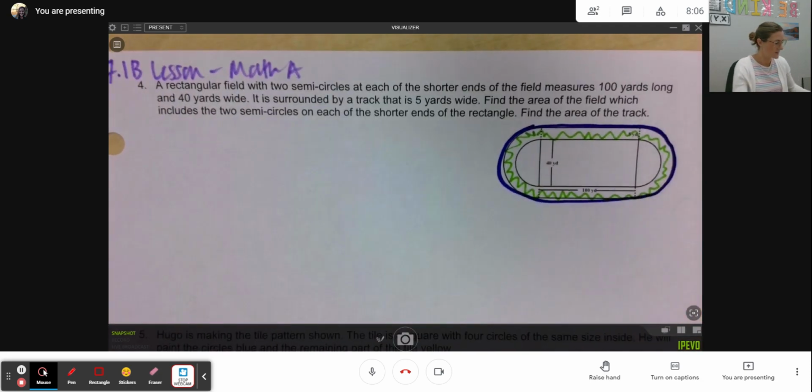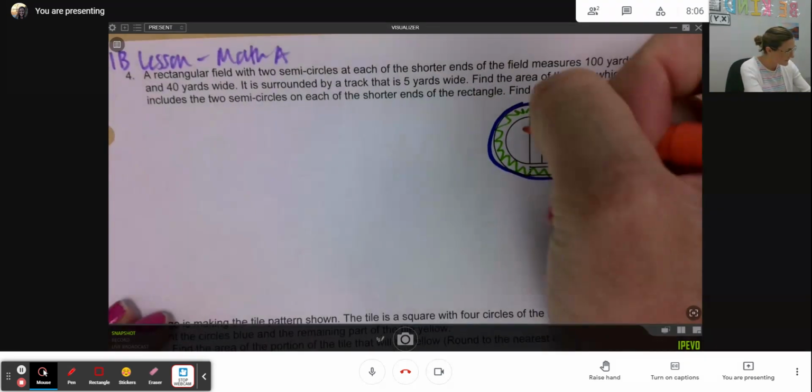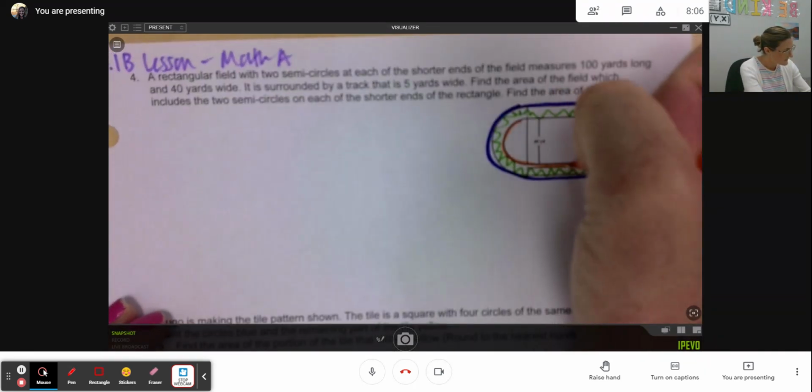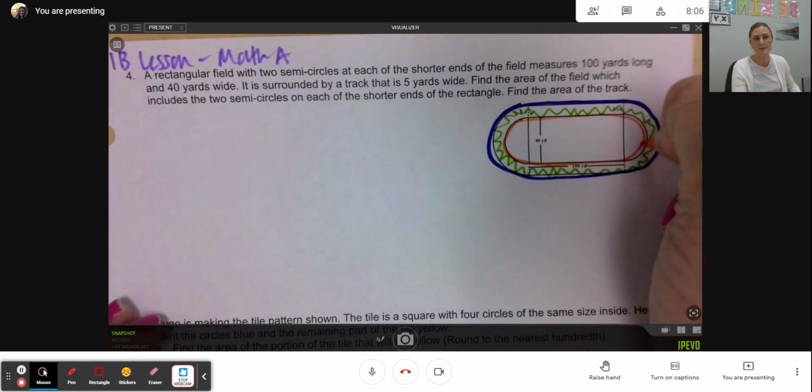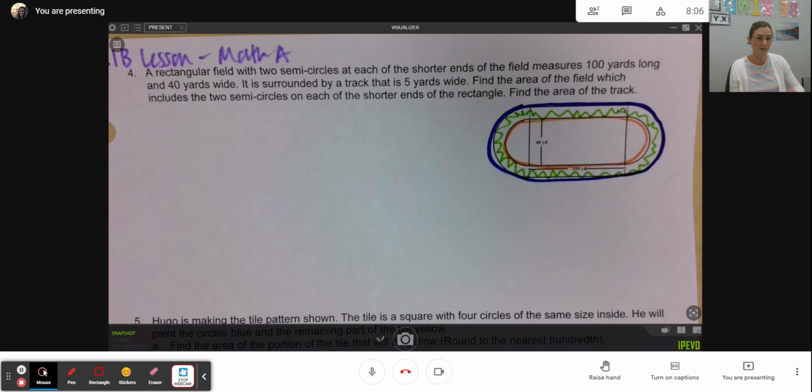And then we also want to find the area of this smaller field right here, all inside. We're going to take the larger one and subtract the smaller one. So basically, take out that orange field, and then we're going to be left with the area of our track. So let's start by finding the smaller one since it gives us all the measurements.